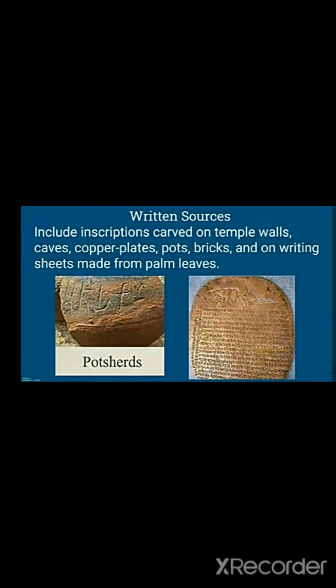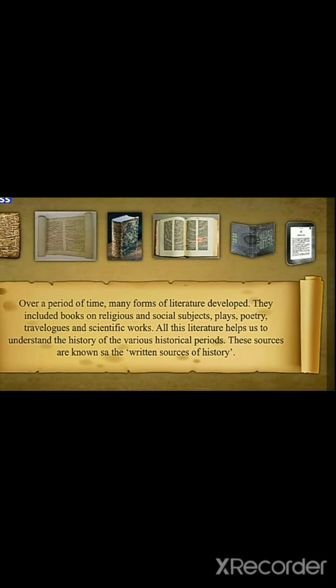Over a period of time, many forms of literature developed. These kinds of inscriptions developed later, and in that way the script also developed. They included books on religious and social subjects, plays, poetry, travelogues, and scientific works.